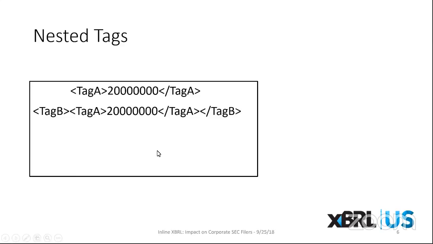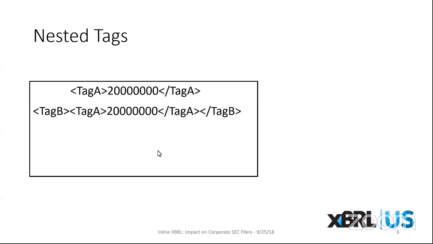So that would be the normal way to tag 20 million if it were just pertaining to one element. In this case, the tag A would be shares issued, 20 million shares issued, ending tag. Nested XBRL, if you look at the line right below that, says let's take that 20 million and tag it twice by nesting tag B and tag A together.